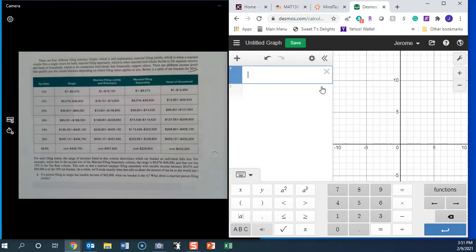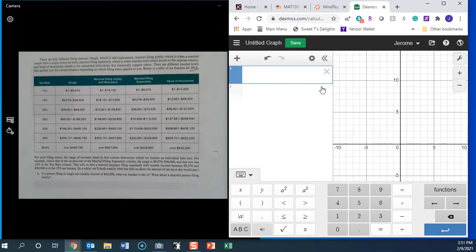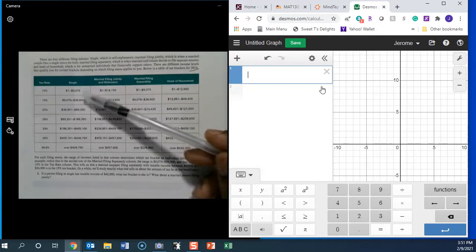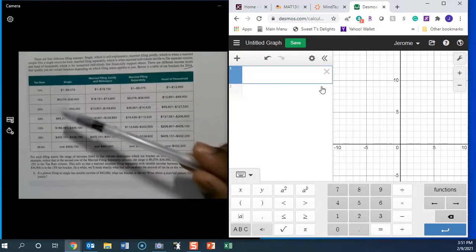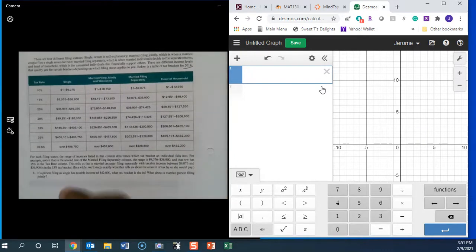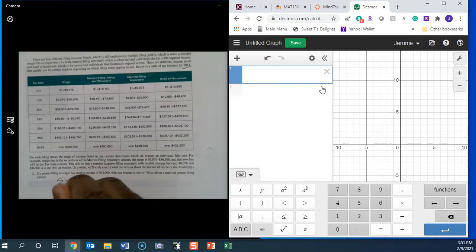All right, now, let's look here at number 1. If a person filing as single has taxable income of $42,000, what tax bracket is she in? So we go to single, and 42,000 will be between these two values. So it'll be single, it'll be 25%.